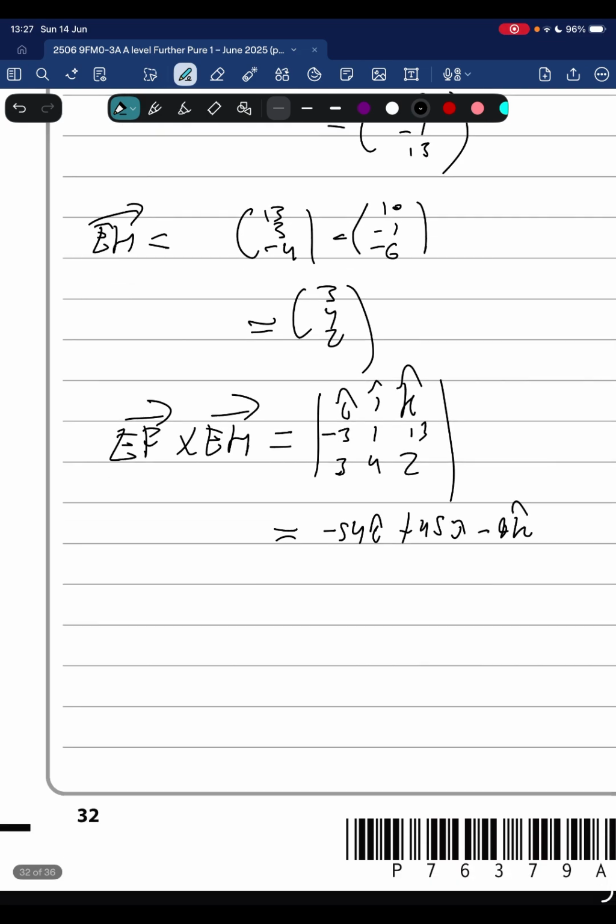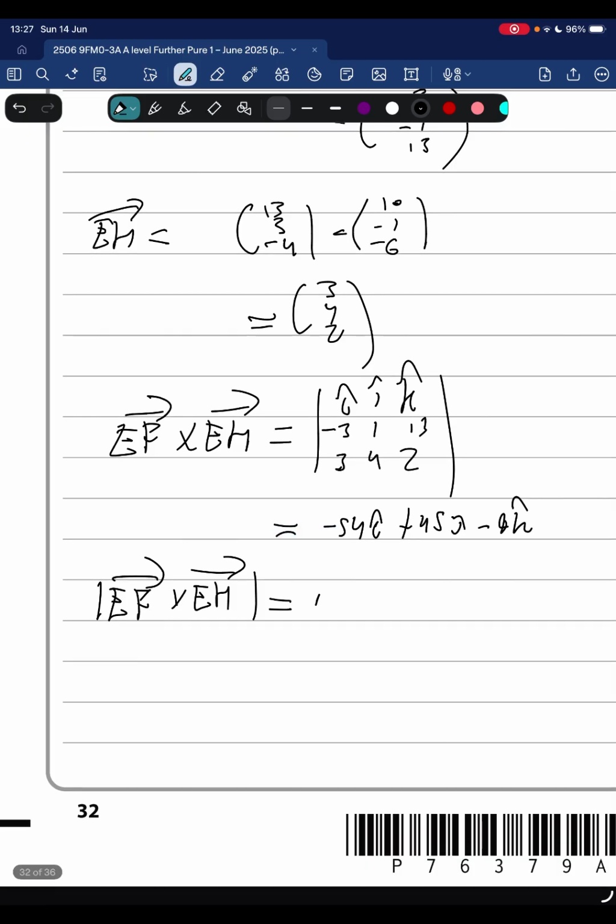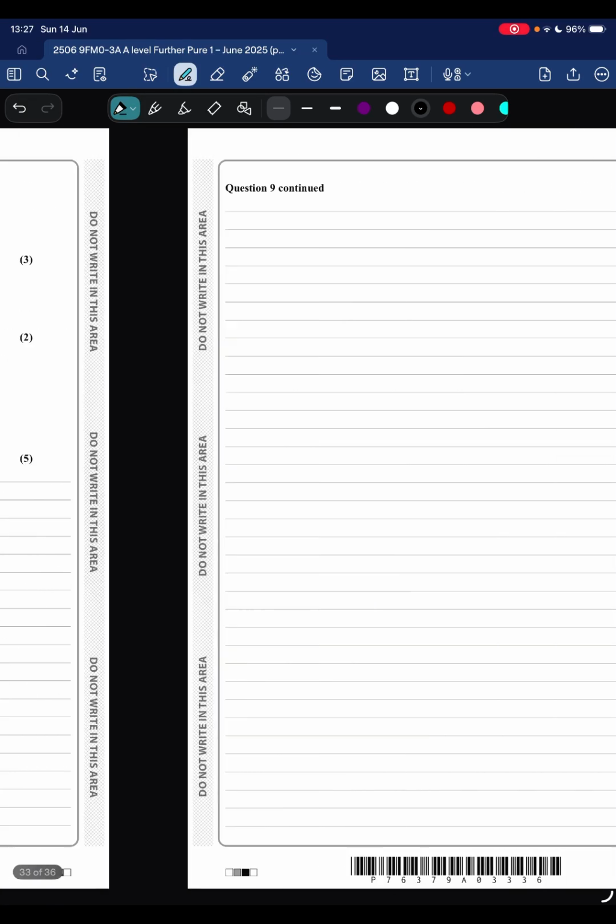So we want the magnitude of this, which is 9 root 62, and that's the magnitude. So that's part A done.